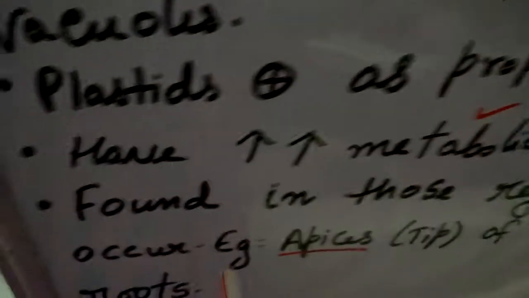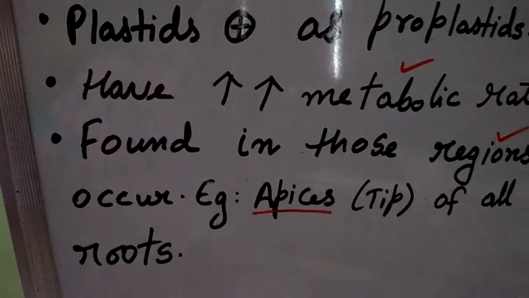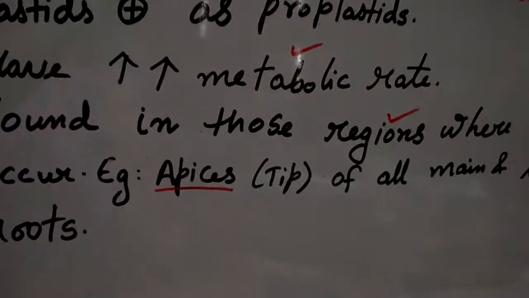Found in those regions where active cell division occurs. This type of tissue is found in those regions of plants which show active cell division.